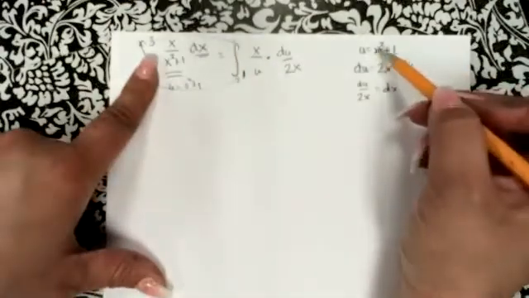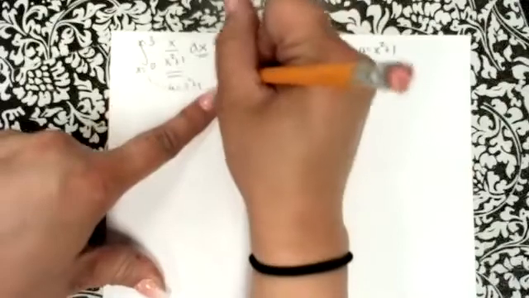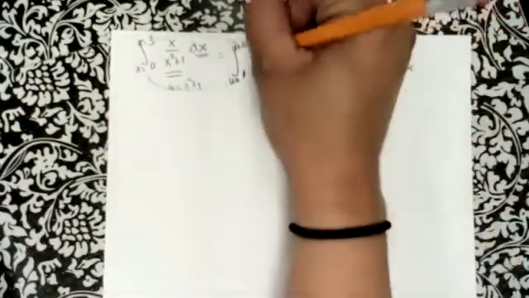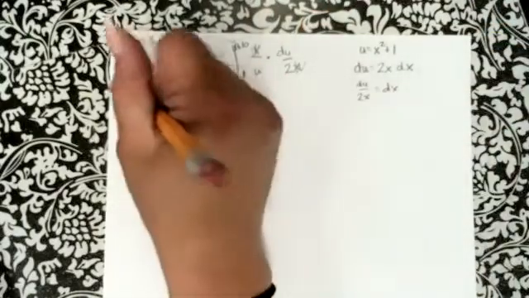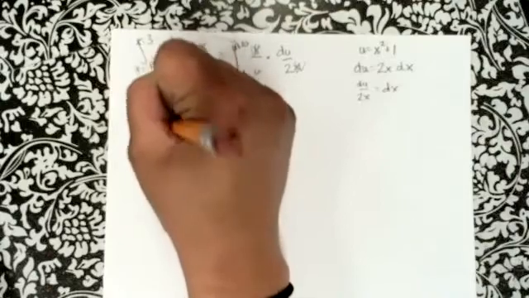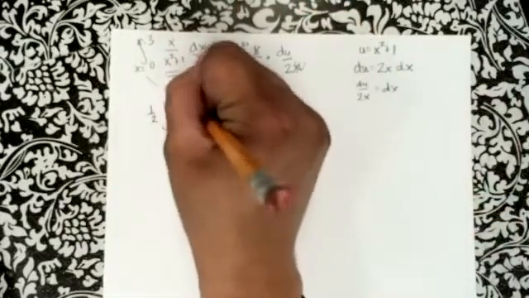Right here, if I put a 3, squared is 9, 9 plus 1 is 10. Now these are terms of u. The x's are going to cancel. That 2 is a constant, it's going to go on the front. So it's going to be a 1/2. And now my integral is going from 1 to 10 of 1 over u du.